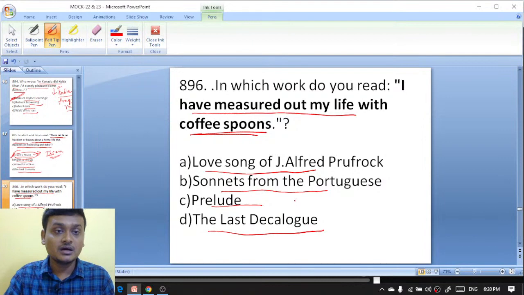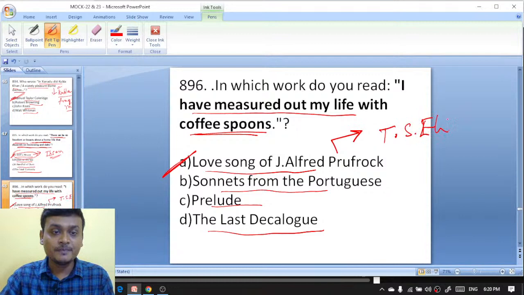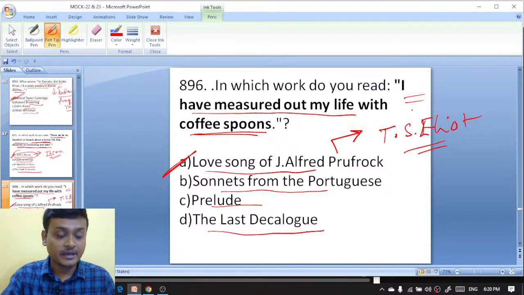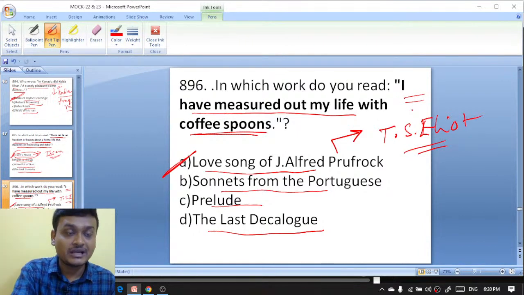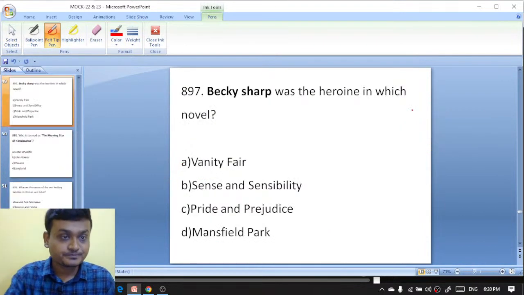This is a famous line from The Love Song of J. Alfred Prufrock, written by T.S. Eliot. The line appears in that poem: I have measured out my life with coffee spoons.